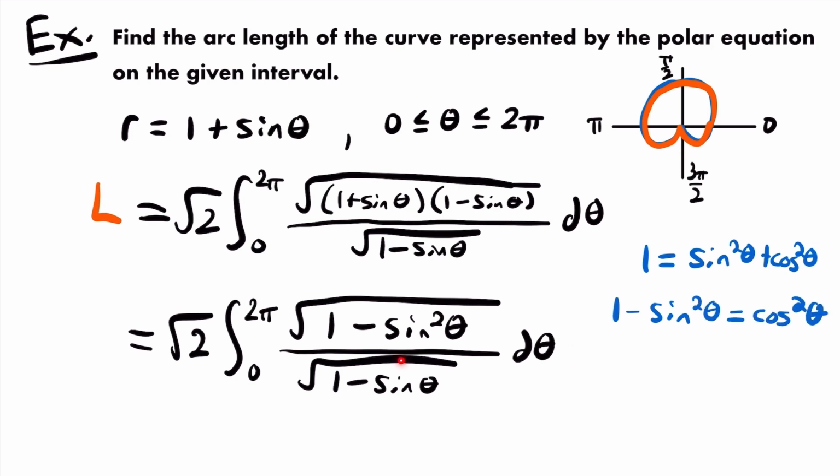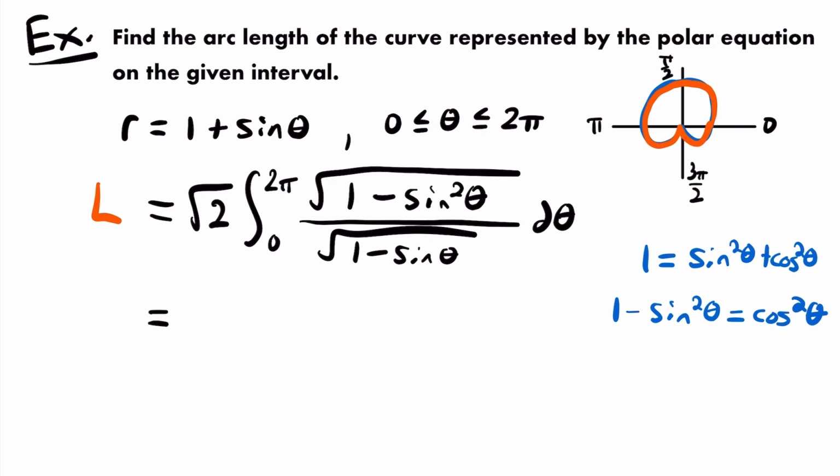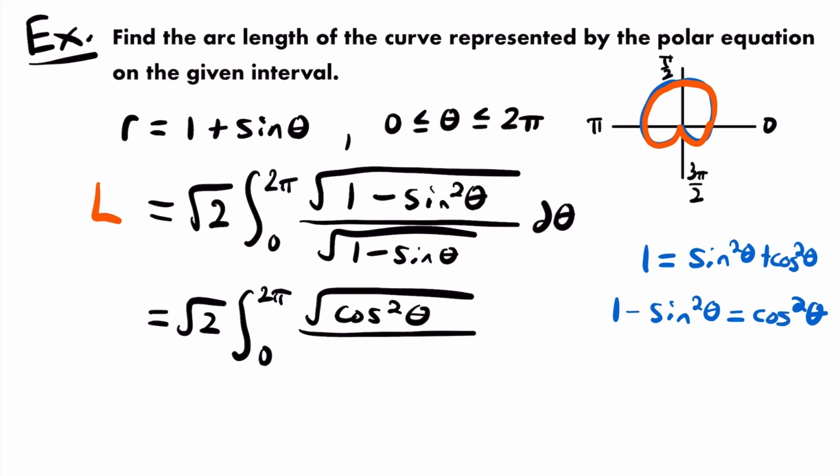And so 1 minus sine squared theta, this right here, can be rewritten using cosine squared theta. And then we will be able to take the square root of cosine squared theta. All right, so let's do that. The arc length will be equal to the square root of 2 times the integral from 0 to 2 pi of the square root of cosine squared theta divided by the square root of 1 minus sine theta d theta.